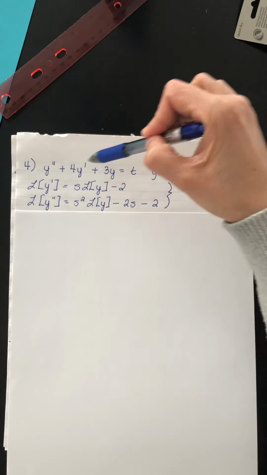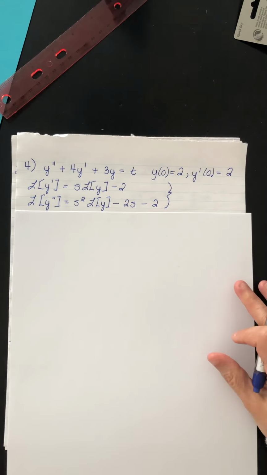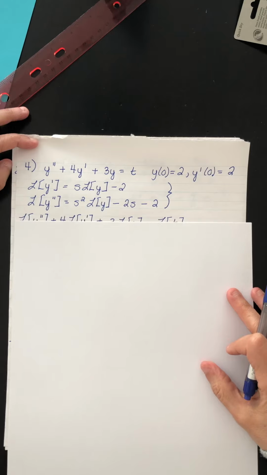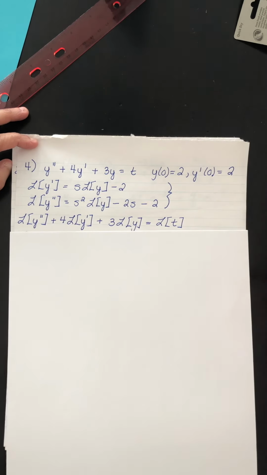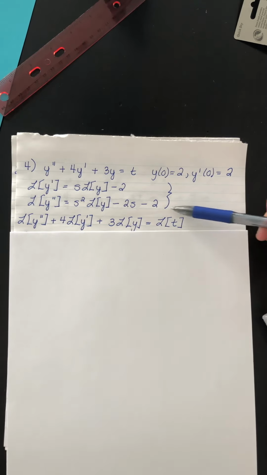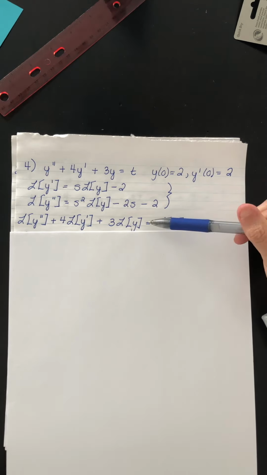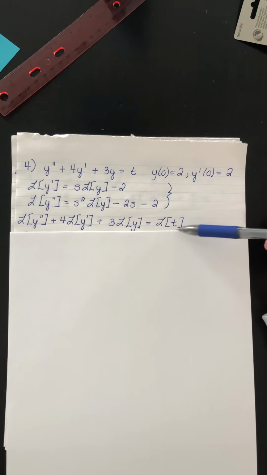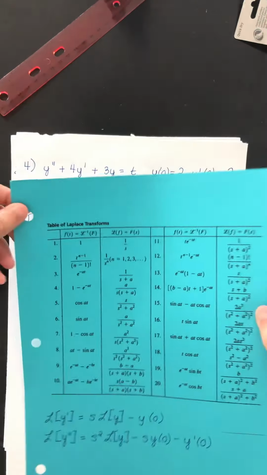We'll begin by taking the transform of all of these terms in the original equation, and that will look like this. The transform of t is handled with number 2 in the table.